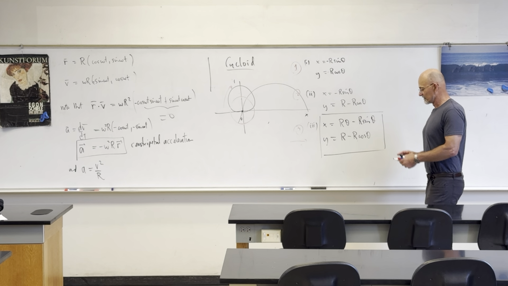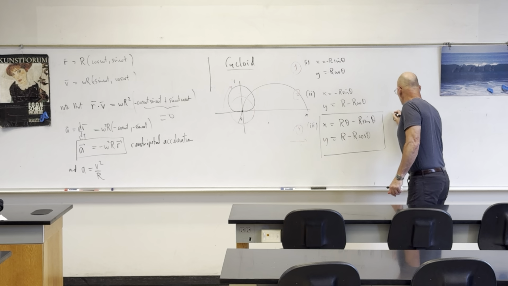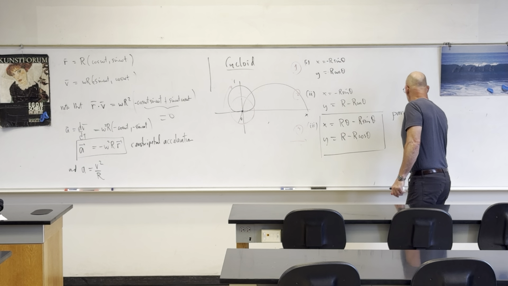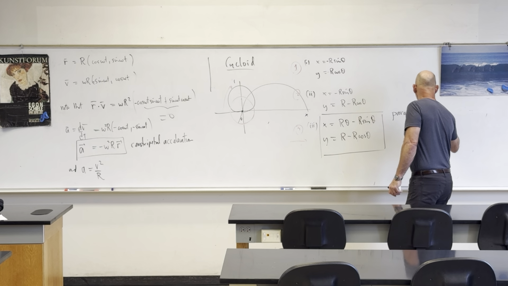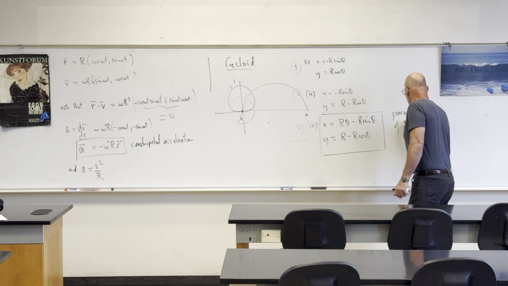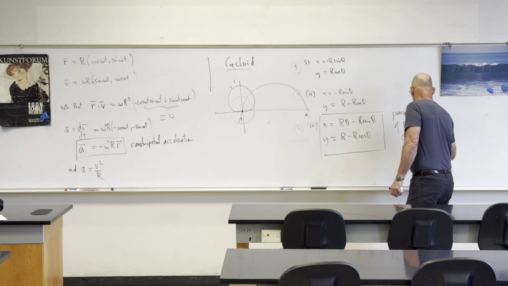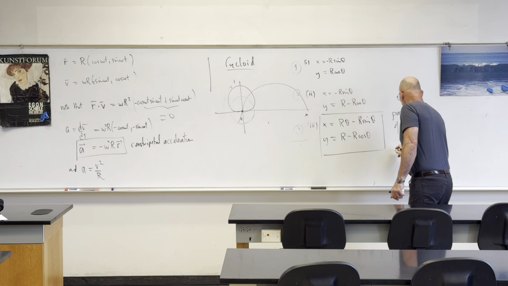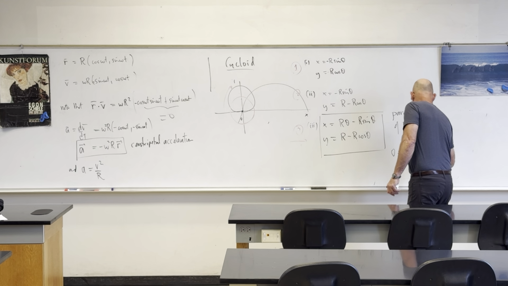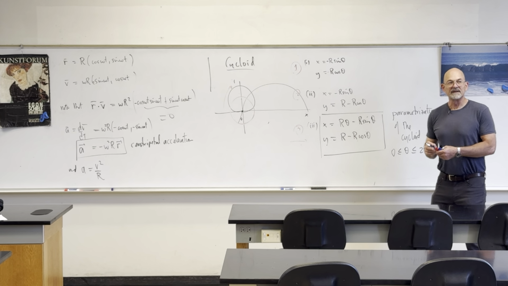So parametrization, we'll leave it with this. Parametrization of the cycloid, with 0 less than or equal to theta, less than or equal to 2 pi. Okay, good, that's all we've got.